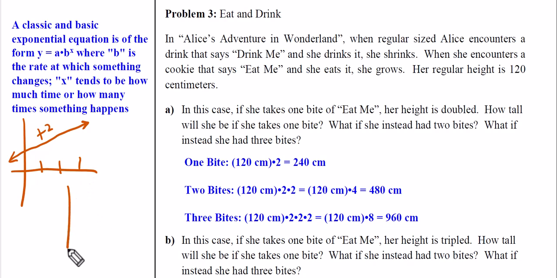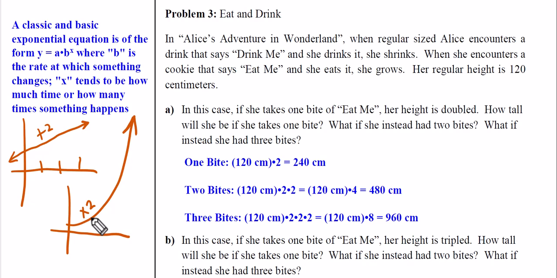But what an exponential model does is that it just skyrockets. So instead of, let's say, adding 2 inches every year, I'm actually multiplying my total height by 2 each year.